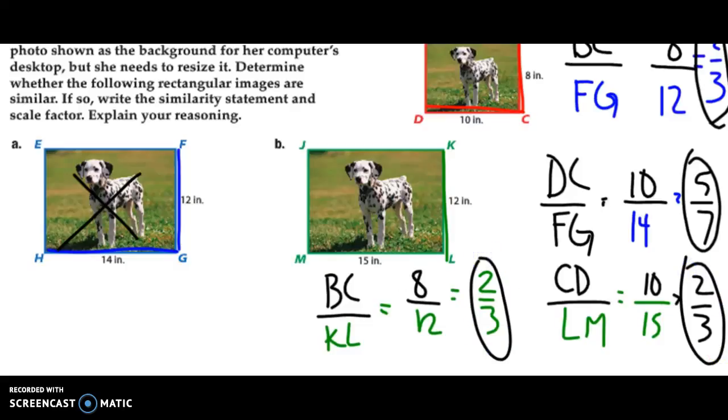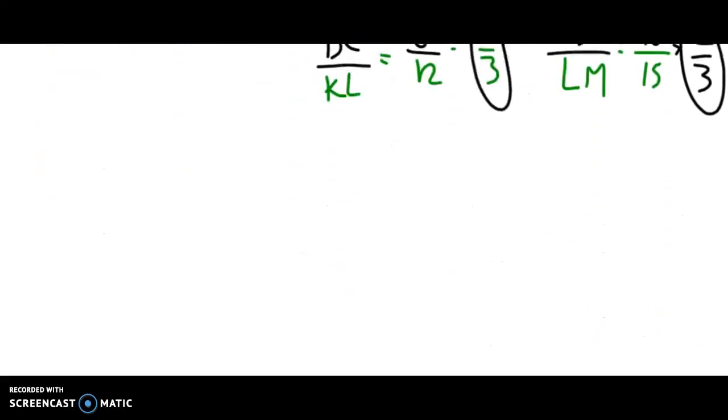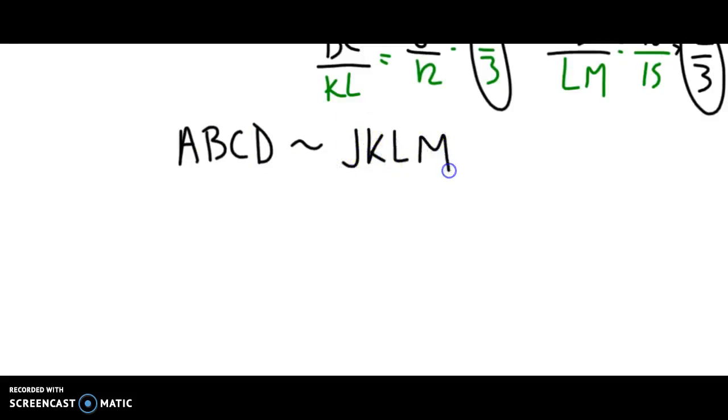So that means ABCD is similar to JKLM. How could I write that? The way we write similar is this: ABCD is similar, we'll tilt it right there, to JKLM.